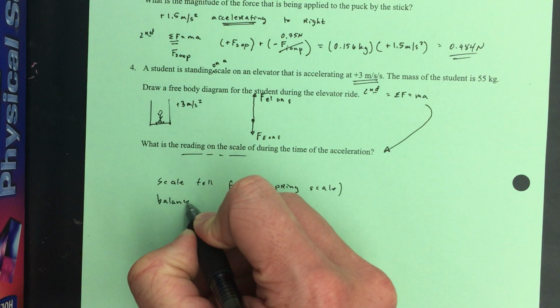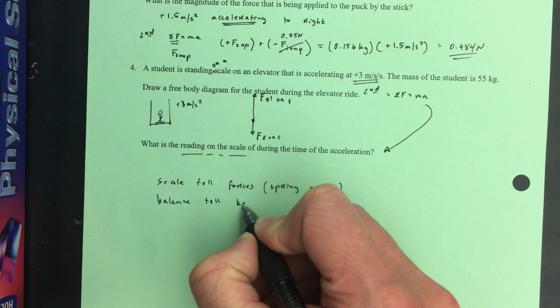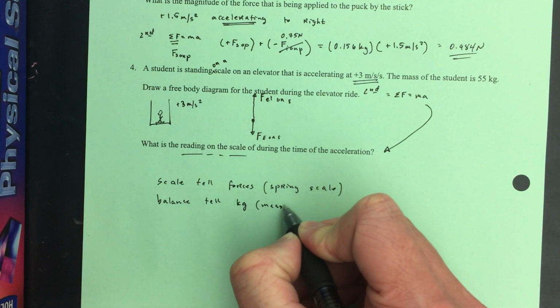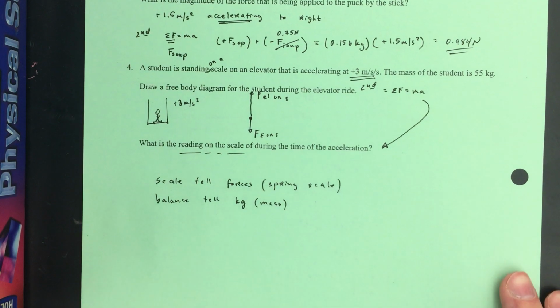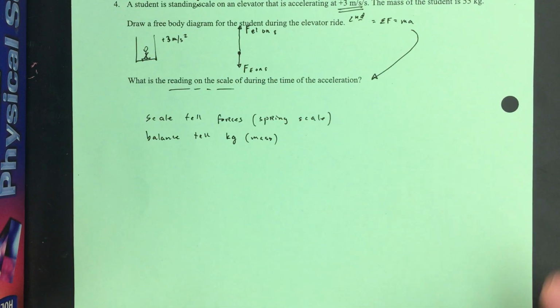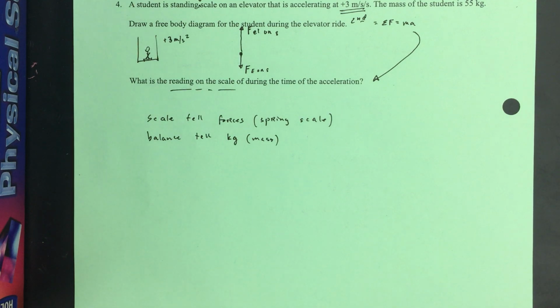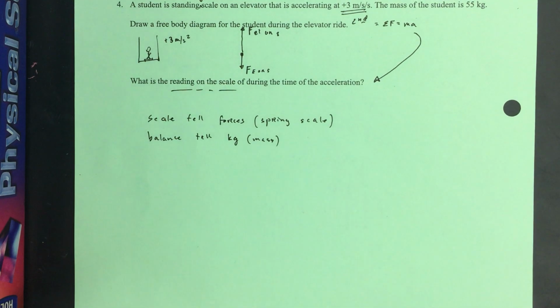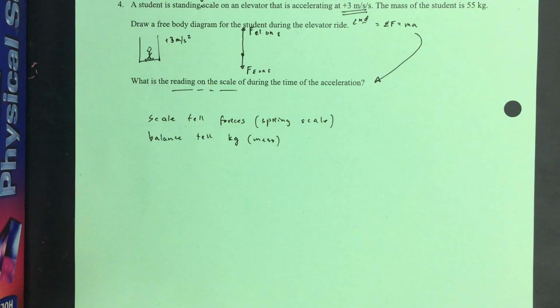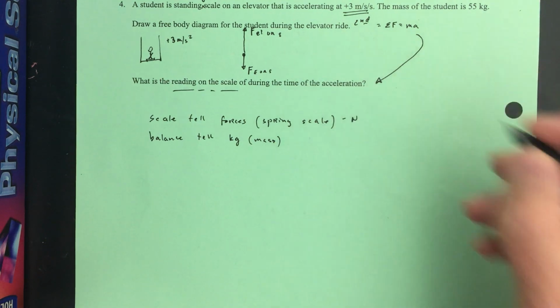Balances tell kilograms, or mass. So we have to keep that distinction in mind. Otherwise, we're going to end up putting our answer in kilograms when it really needs to be in newtons. I'll put newtons here as a reminder.